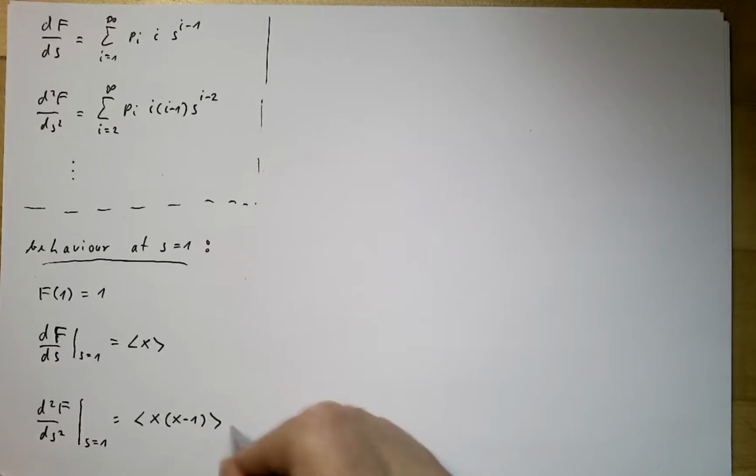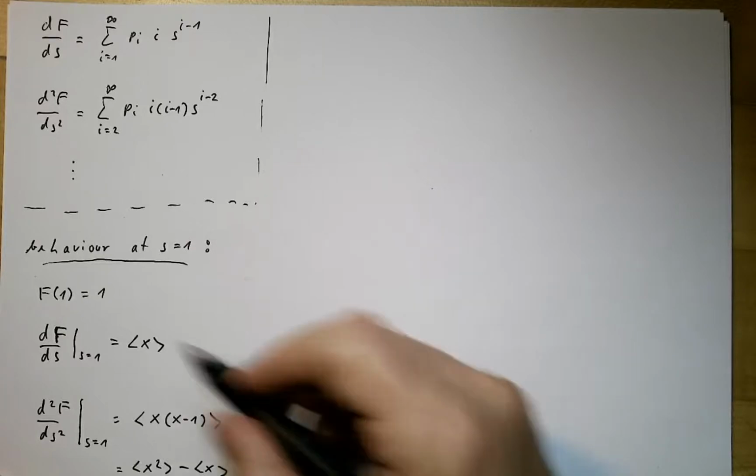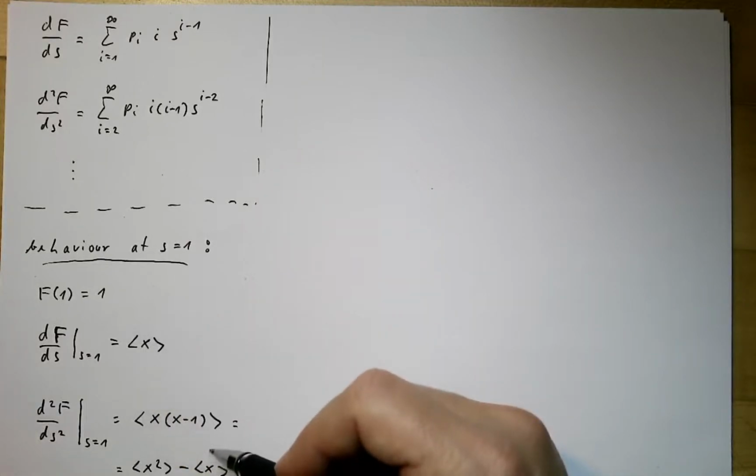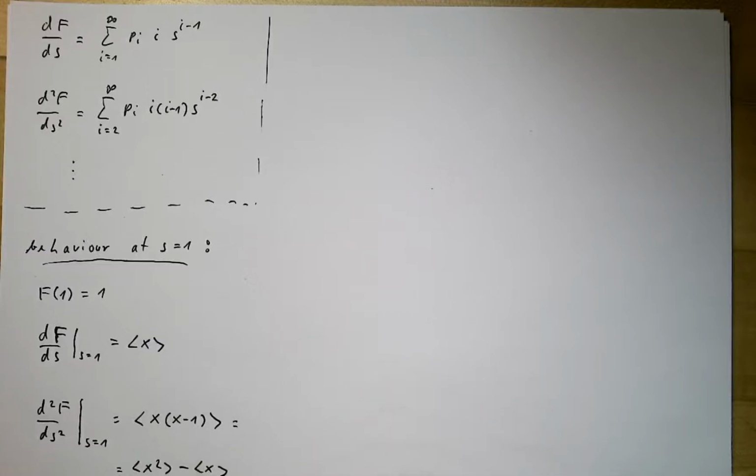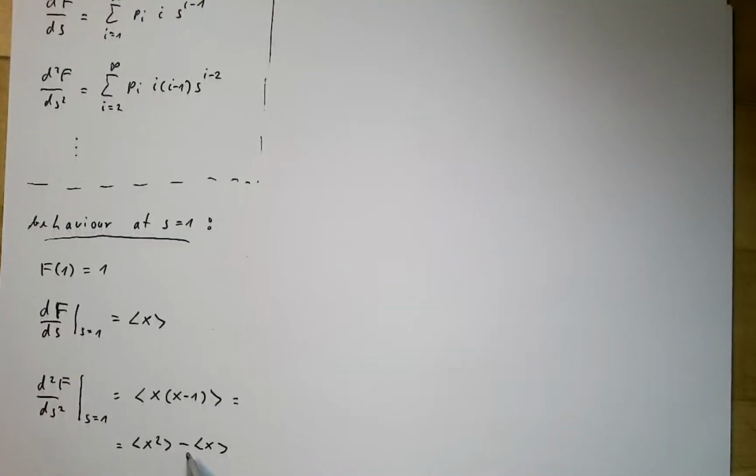Or you could also write it as the expectation of x squared minus the expectation value of x. So take care, this is not the variance, because it looks a little bit like the variance, but in the variance we would take here the second power of the expectation value of x.